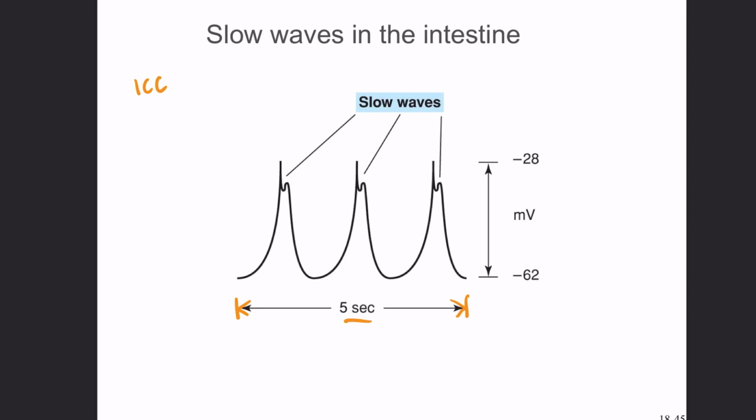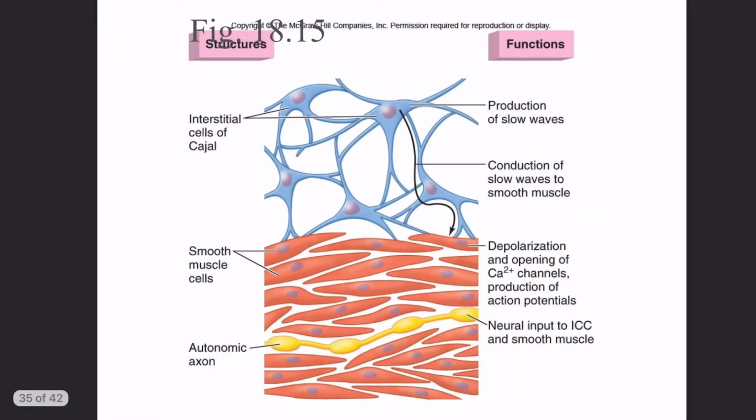So these are setting a pace, a very slow pace. This is what the interstitial cells of Cajal look like. They are setting that slow wave action, like 5 seconds for 3 waves.